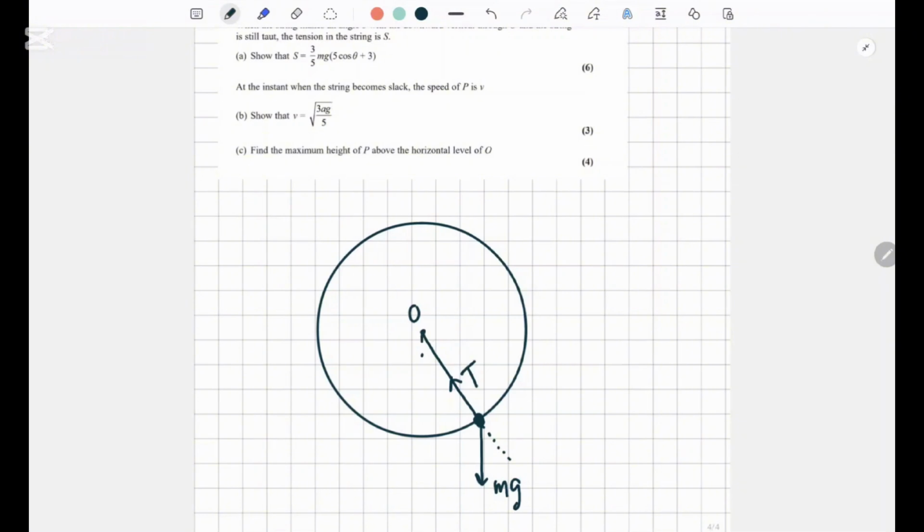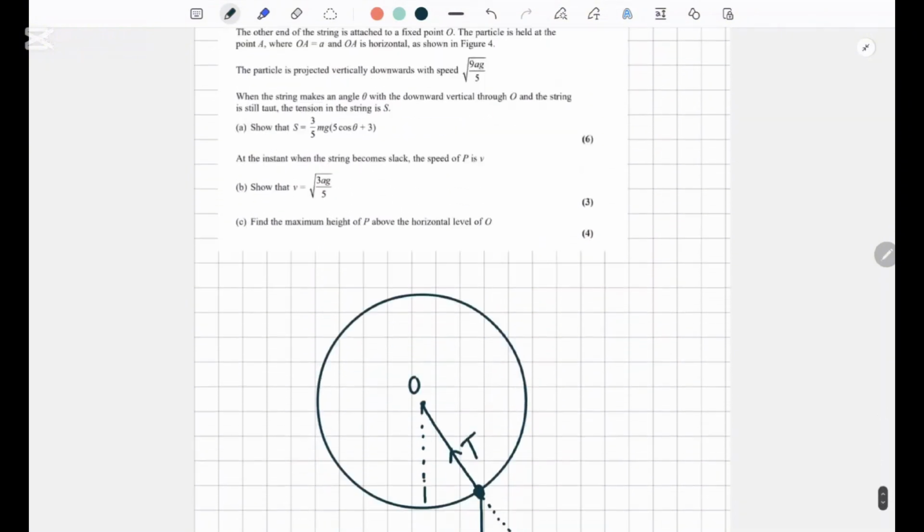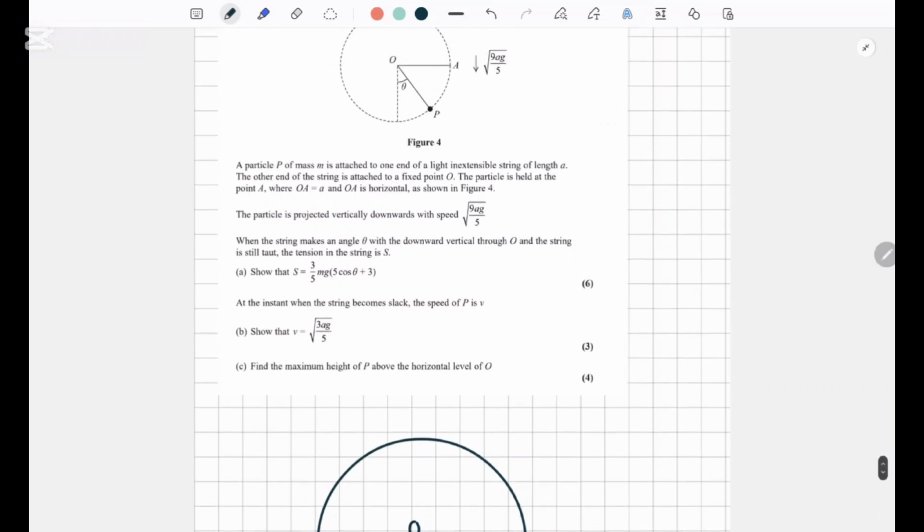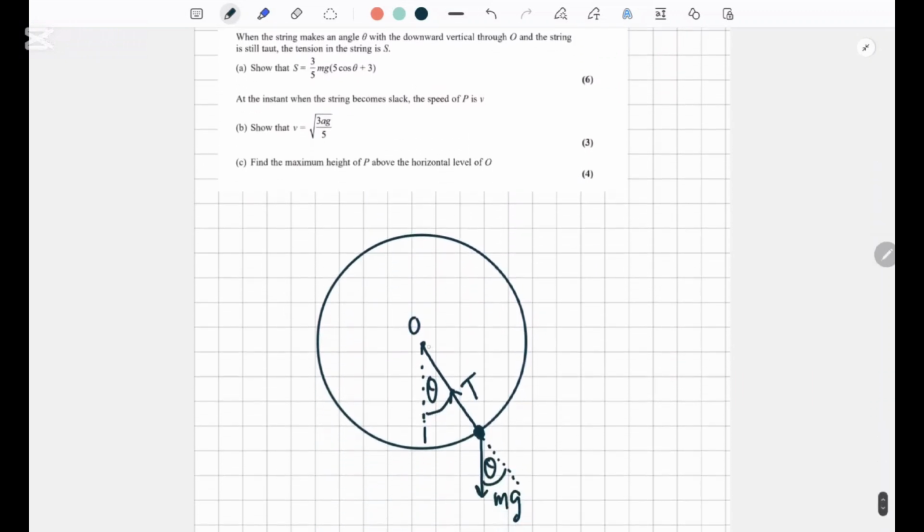And this is theta. So if that is theta, this is also theta. And it was released from here, so that's a.